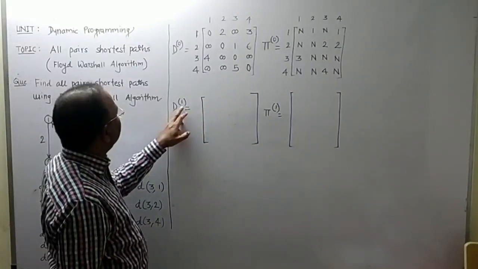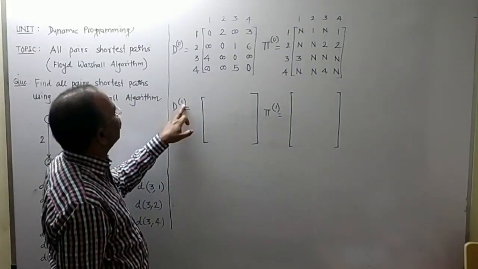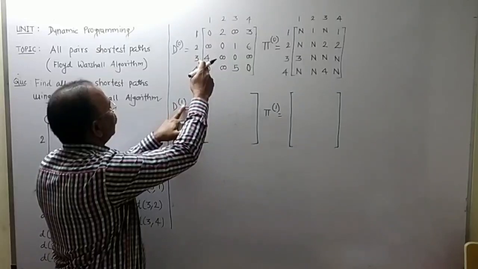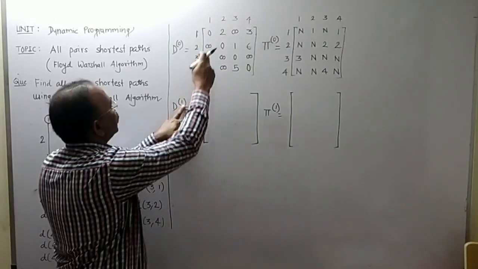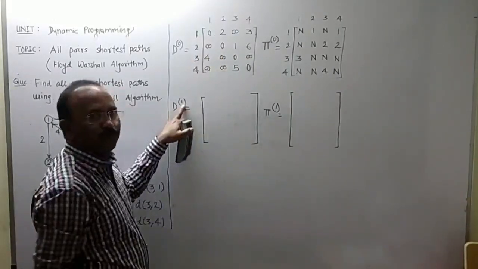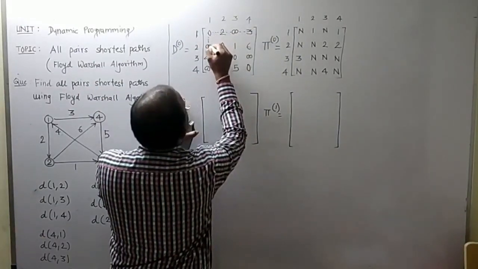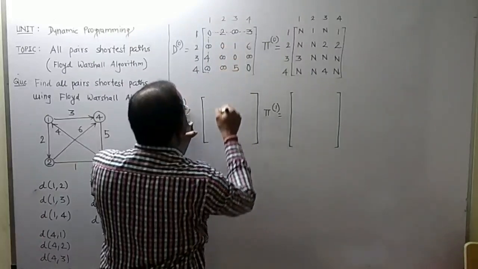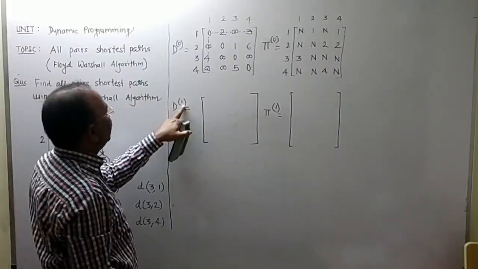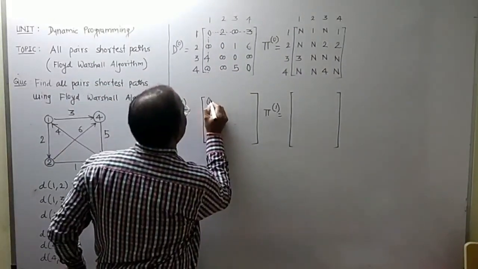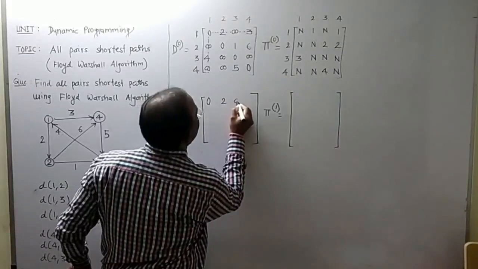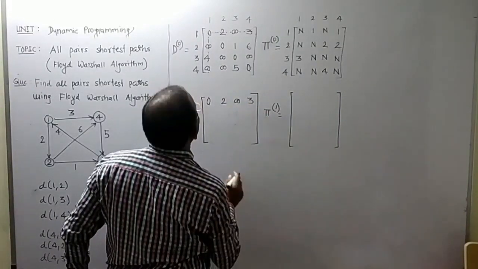Now here, for D1, the value of k is 1. In D0, we have to set the first row and the first column. Now the first row and the first column are set, and write this as it is in the D1 matrix: 0, 2, infinity, 3.